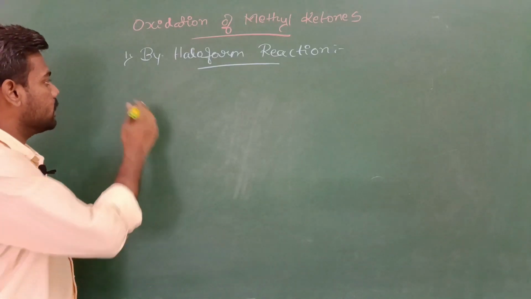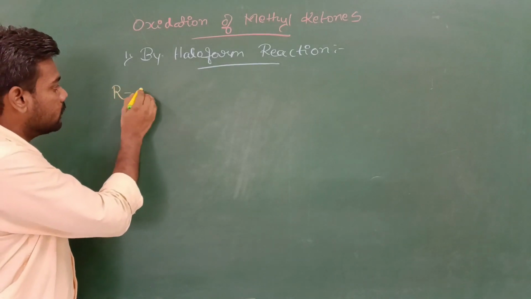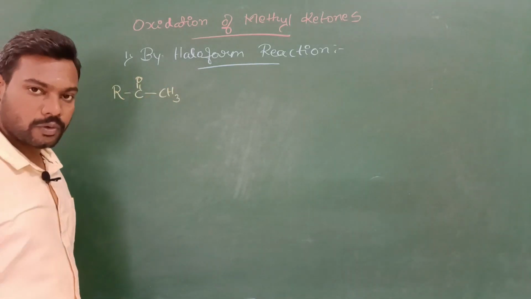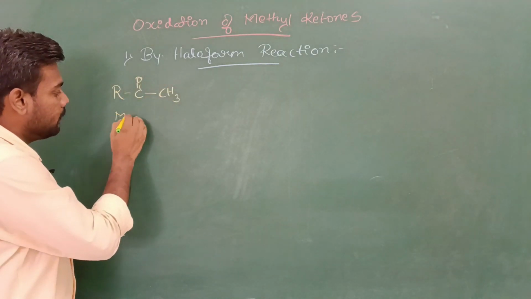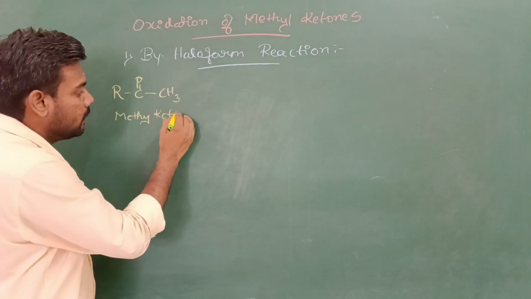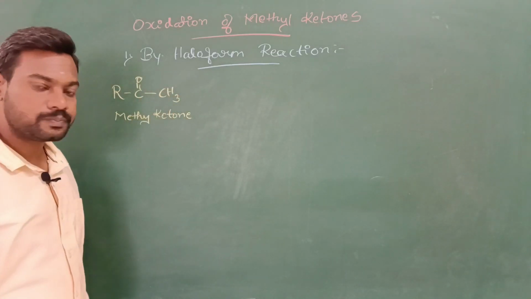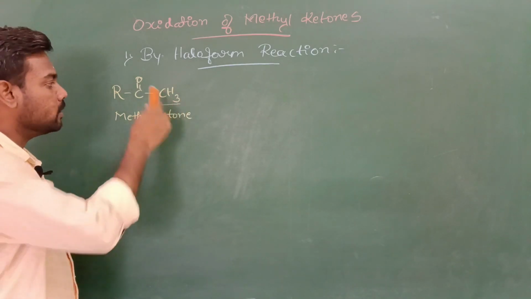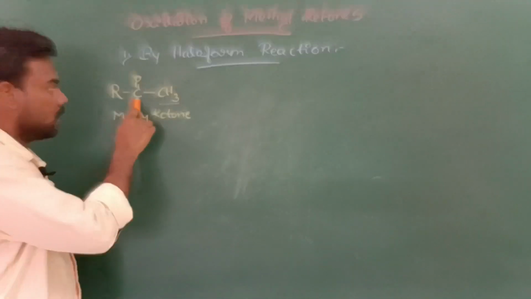The general reaction is R C double bond O CH3. This is known as methyl ketone. Here, the methyl group is bonded to the carbonyl carbon.